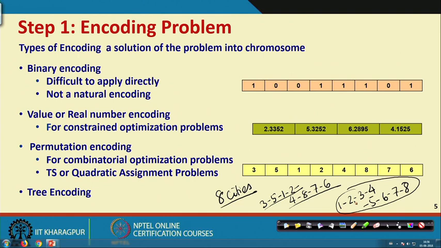Then obviously there is also another kind of encoding which is known as tree encoding. This is a very interesting kind of encoding. Tree encoding is essentially used when we are trying to find a formula. We want to discover a formula or a pattern, then we can have tree encoding, right.